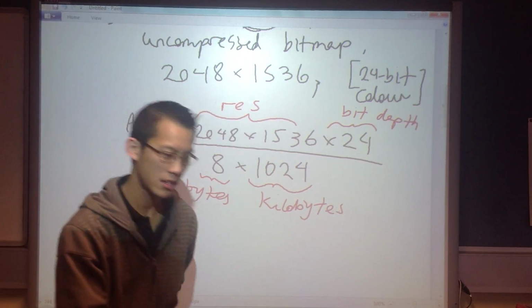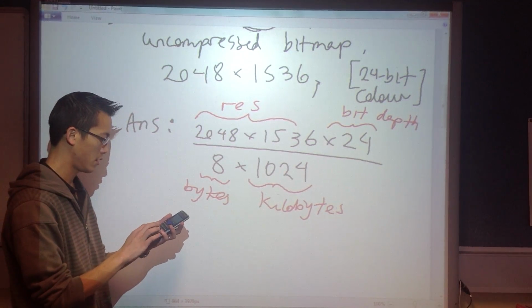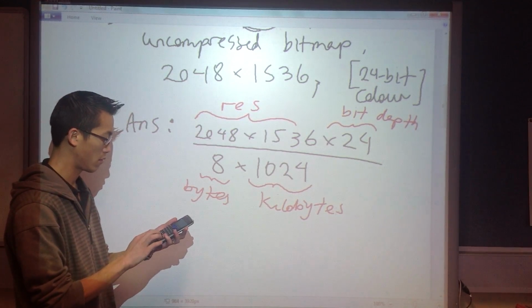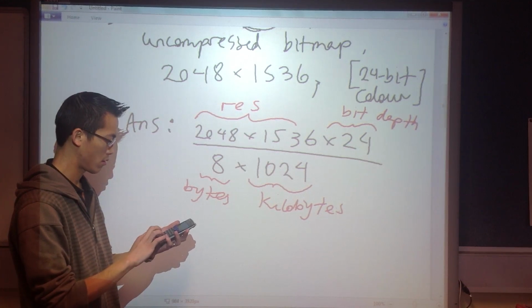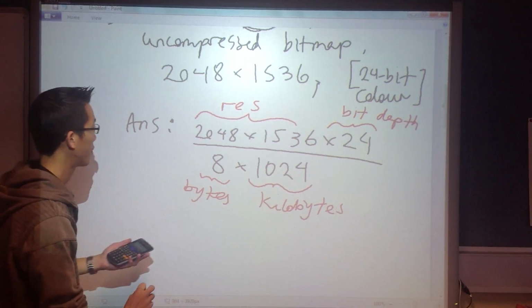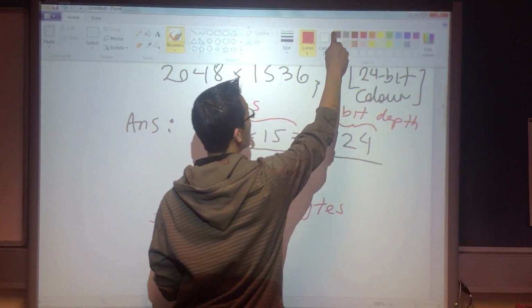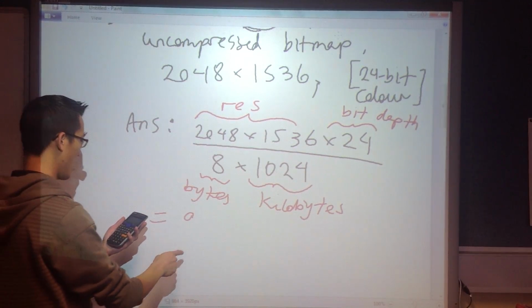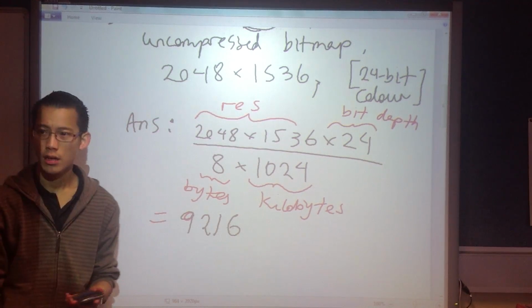Pretty simple. Now just for the sake of it, like I said before, let's work out what that is. Let's see, did I calculate this right? I got 9216. Does that seem about right?